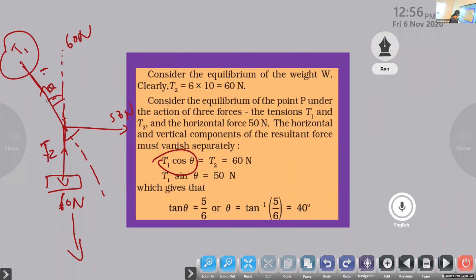So when this force is acting here, T2, the tension force, is acting in the opposite direction. And this T2 is equal to the vertical component of the tension force T1. That is why we take T1 cos theta, and T2 is equal to 60 Newton.